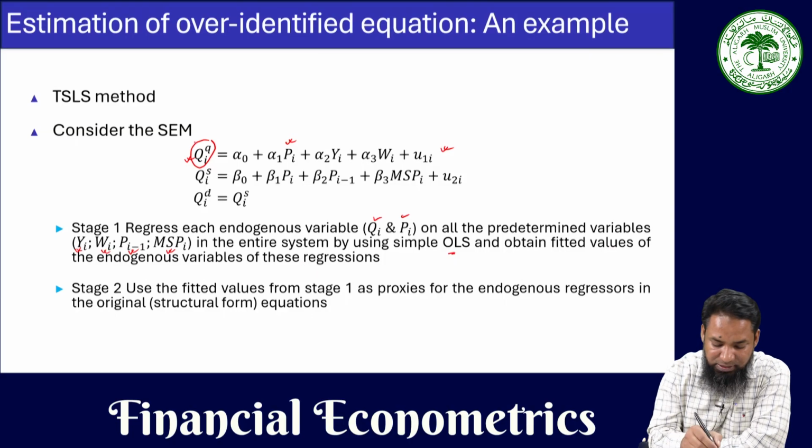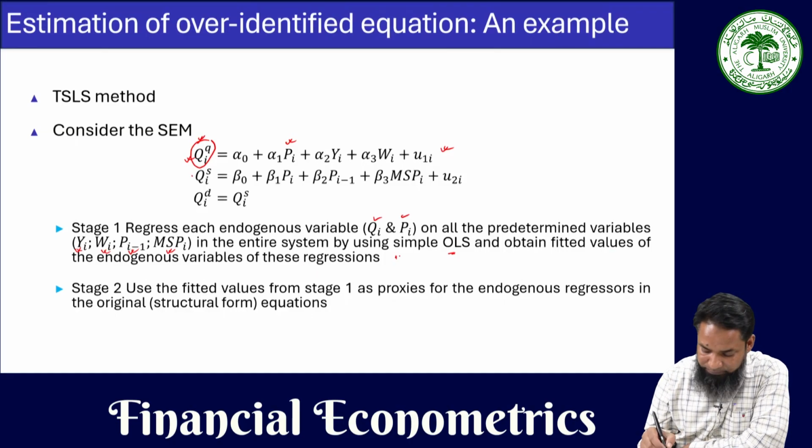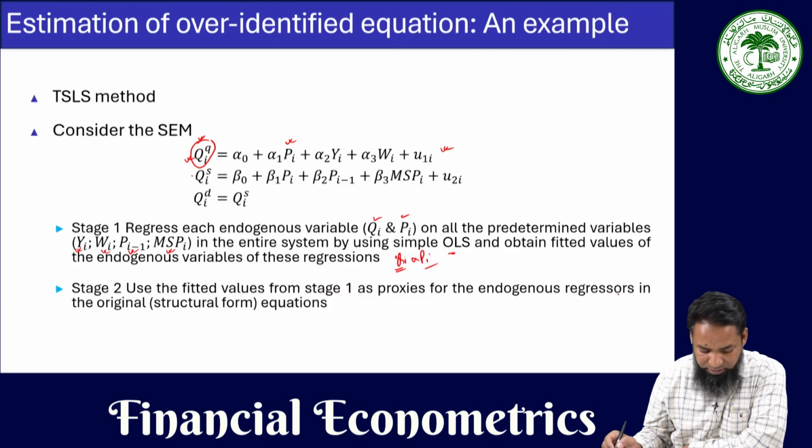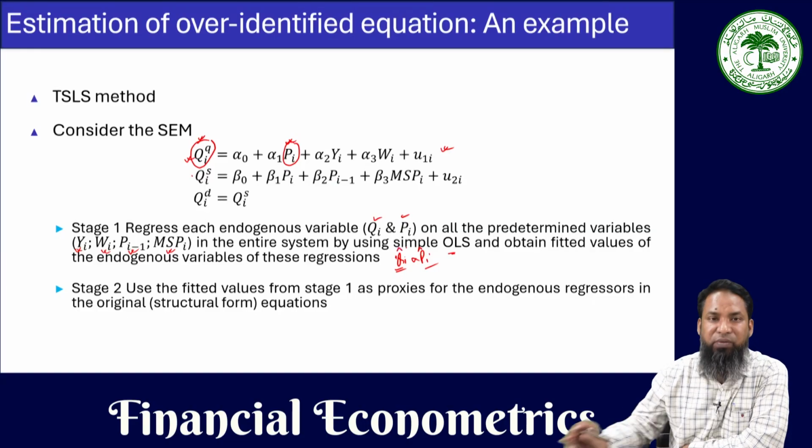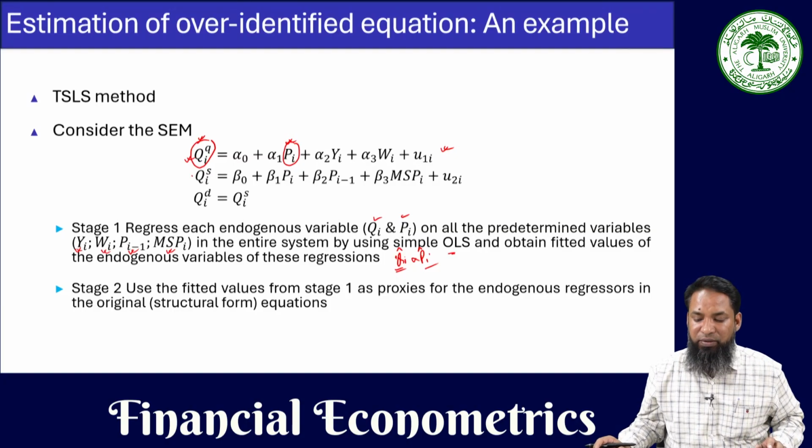So we get the estimated values of Qi and Pi. Now use the fitted values from stage 1 as the proxy for the endogenous regressors in the original structural equation. So instead of using the original Pi, we will be using the estimated value of P. Here, instead of Qi, we will be using the estimated value. That's basically what we do in the case of an over identified equation.